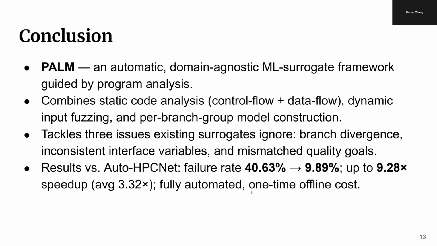As a result, PALM cuts the average failure rate from 40.6% to 9.9%, while achieving up to 9.28 times speedup without a human in the loop.